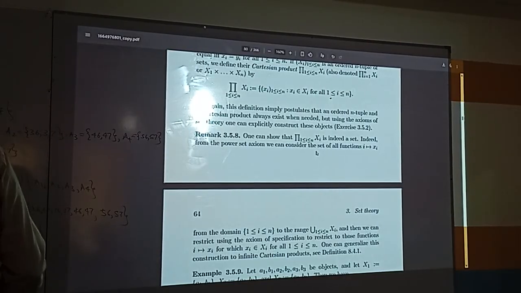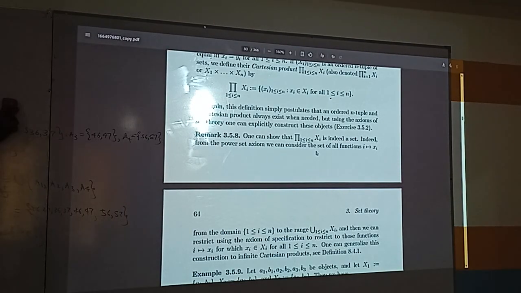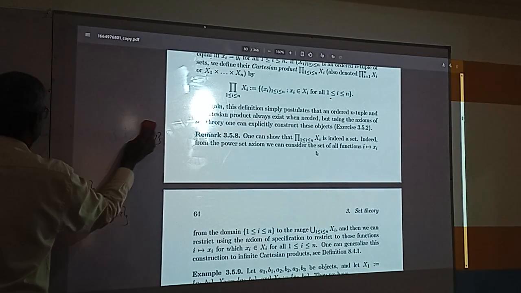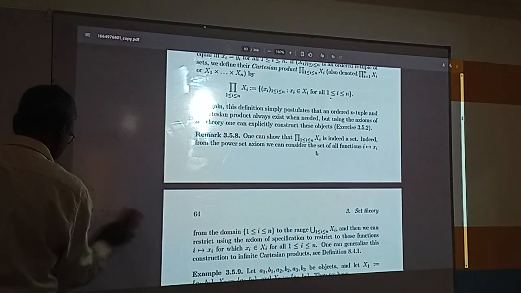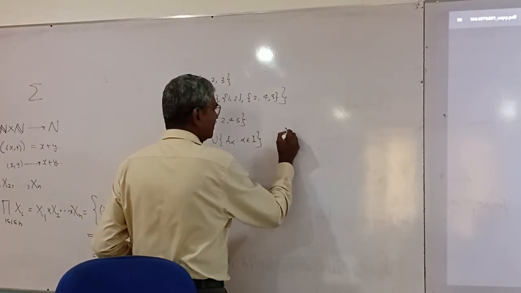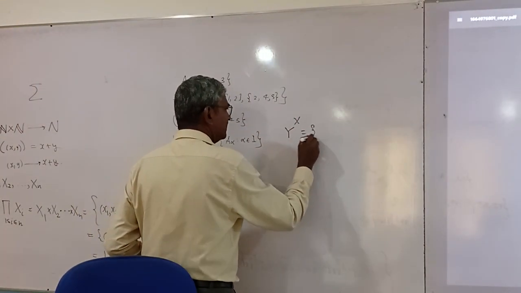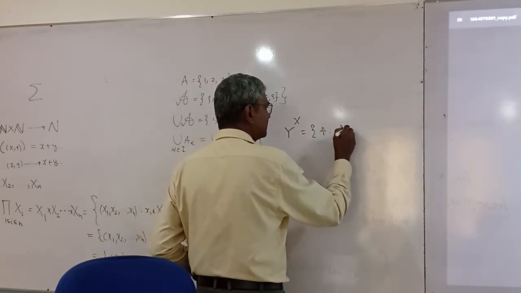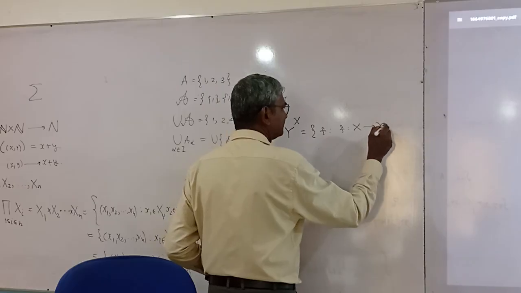This can be considered as the set of all functions. Now you know Y to the X is the set of all functions f, where f is a function from X to Y.